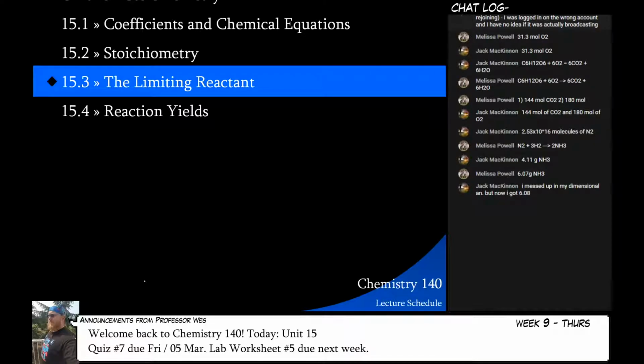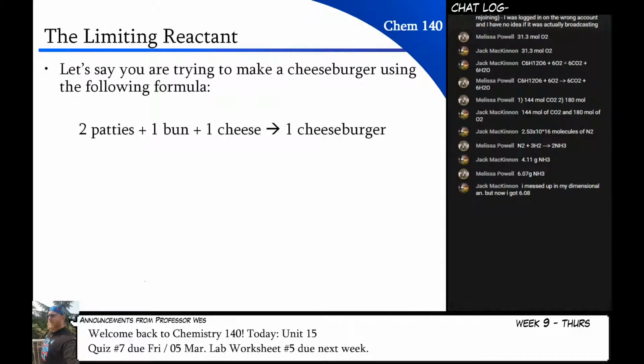And so what we need to do is consider that both reactants could be present with a certain amount of mass, and one of them is going to run out, and the reaction stops after that point. So, for example, let's suppose that I have this formula here. I'm going to make a cheeseburger, and I'm going to use the cheeseburger reaction to make it. Every reaction requires 2 patties. So, there's my patties.